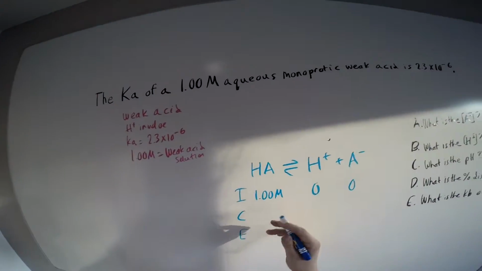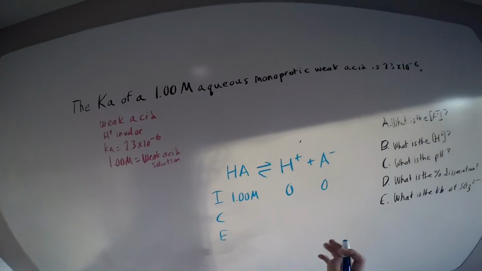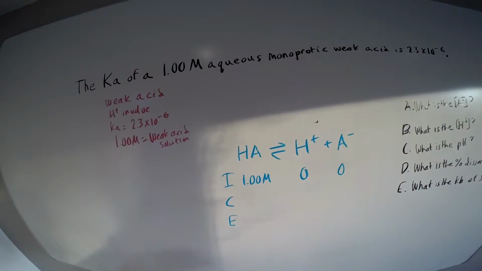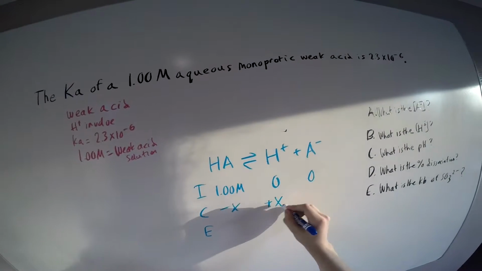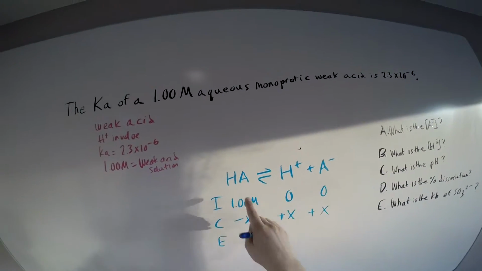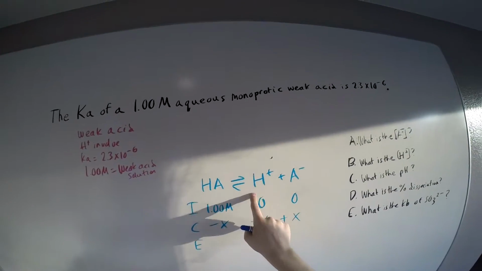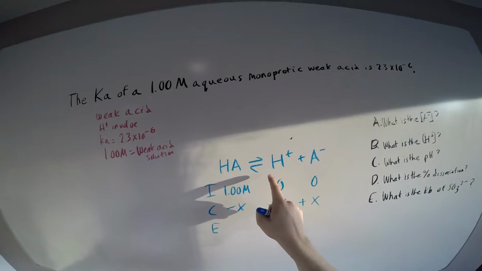We don't really know what molarity dissociates, but we know that it forms an equilibrium. So whatever is lost on this side has to be gained on this side. Say you lost 1 mole in here, then it'll break up into 1 mole and 1 mole. Or if you lost 2 on this side, it would break up into 2 and 2.